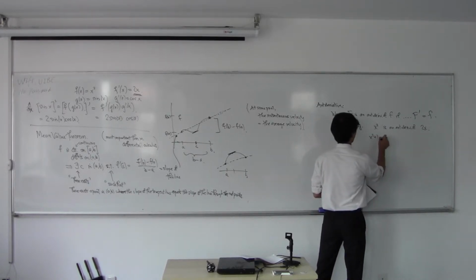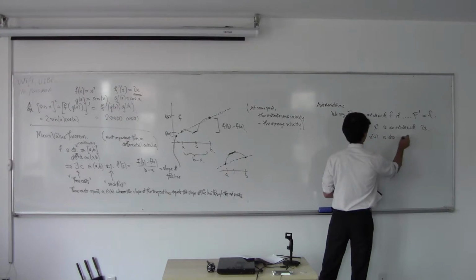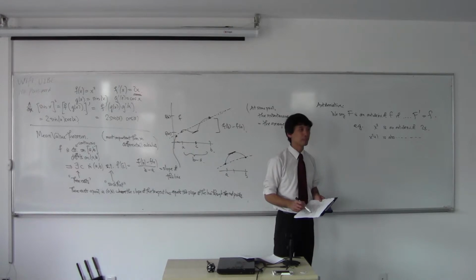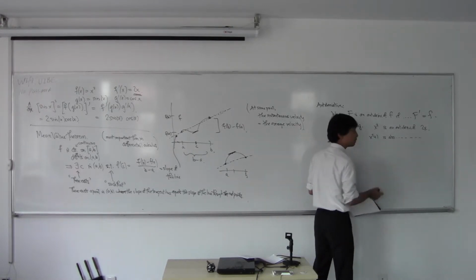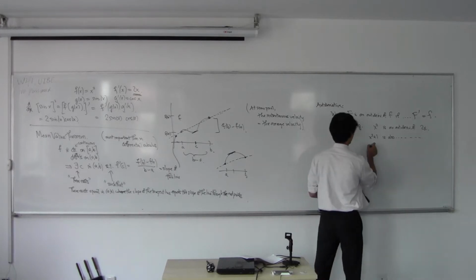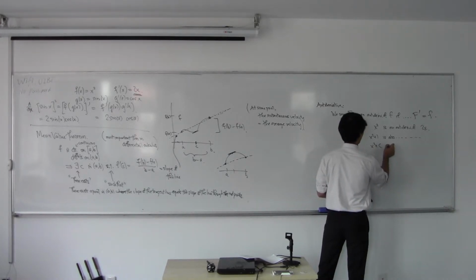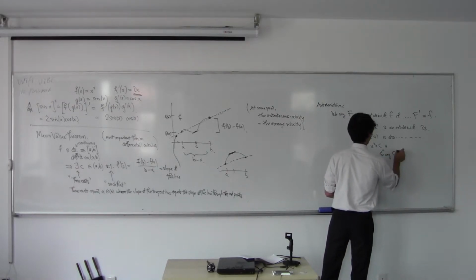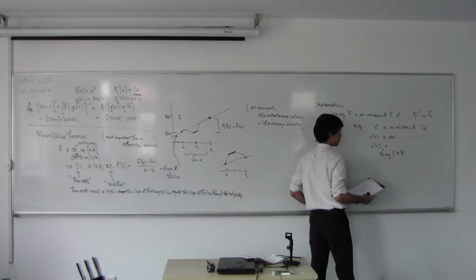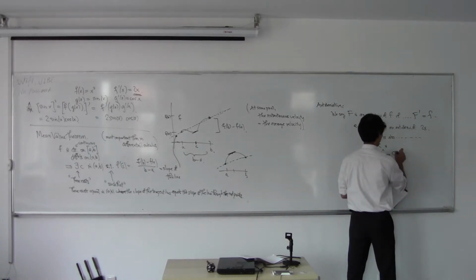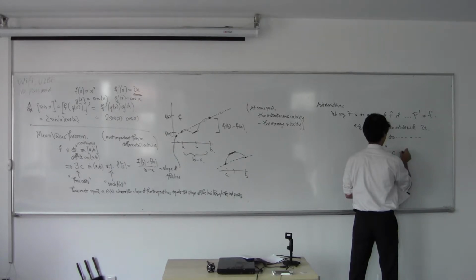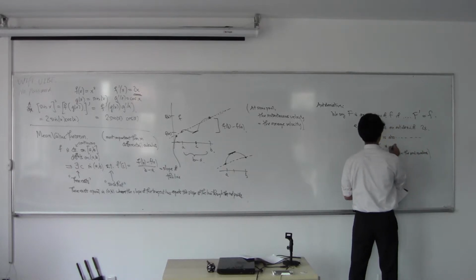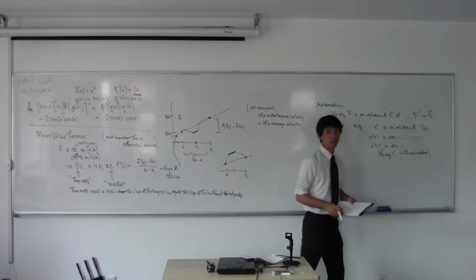x squared plus 1 is also an antiderivative of 2x. x squared plus 2 is also, x squared plus c for any c in the real numbers is also.